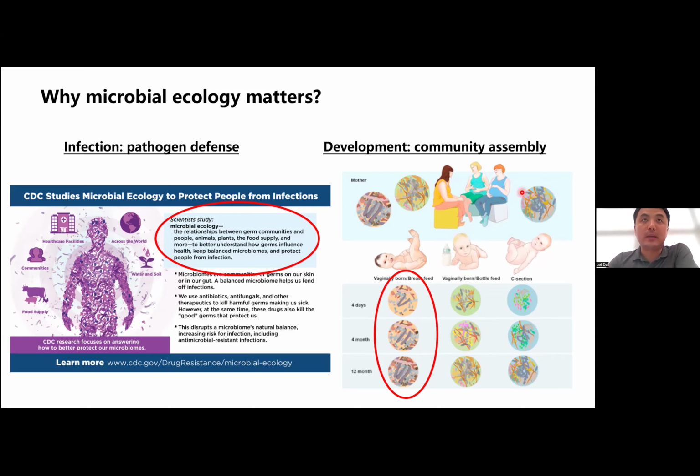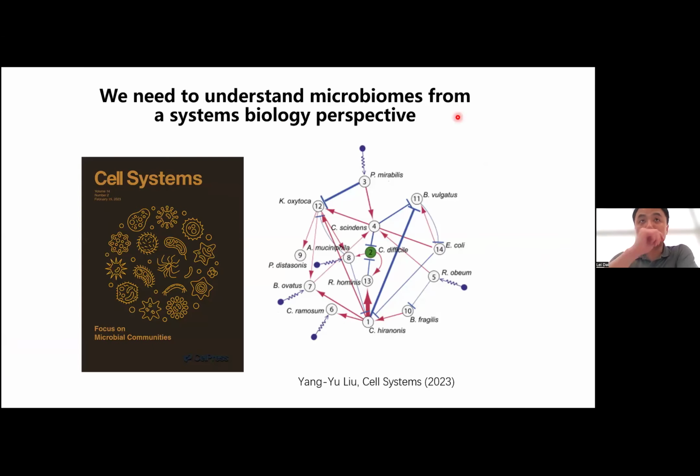a mature gut microbiome. So what really matters is that we need to understand microbiomes from a systems biology perspective. It's not just a set of independent living microbial species; they interact with each other.